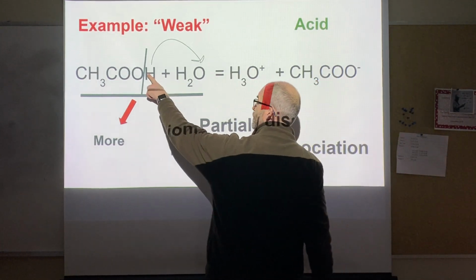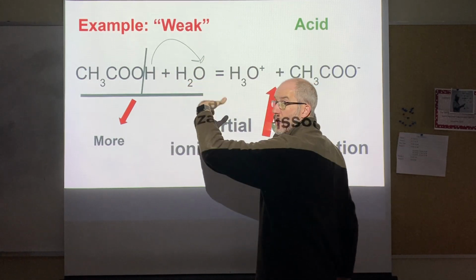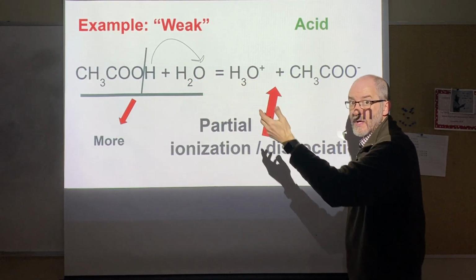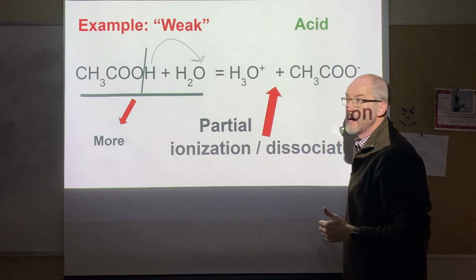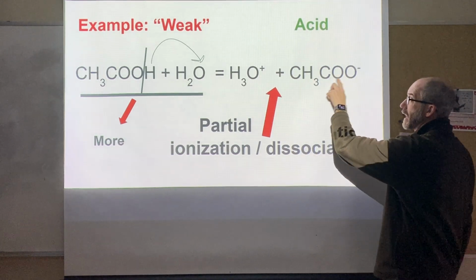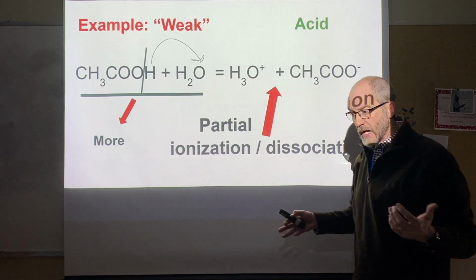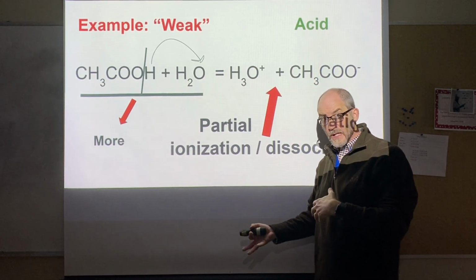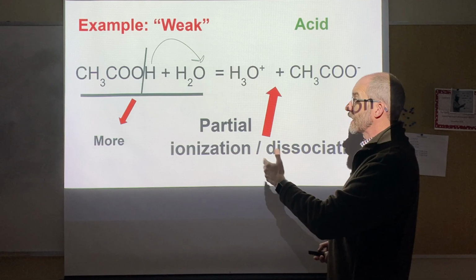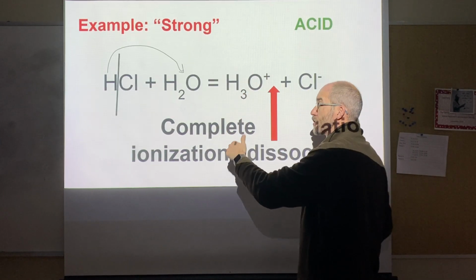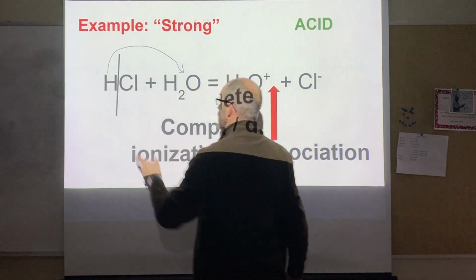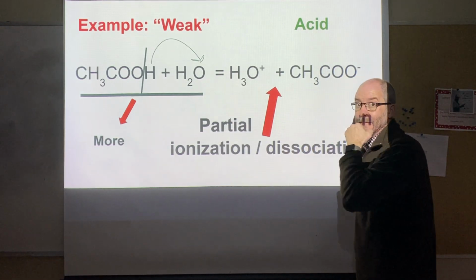Well, when that hydrogen pops off, it's attracted to the water just like before. You're going to create hydronium, so it's definitely acidic. And you're going to create this ion because it lost its hydrogen. But the fact is, you're not going to get that much, comparatively speaking, from here to here. You're going to get a lot more of this, and you're going to have a lot more ionization here than you are here, okay?